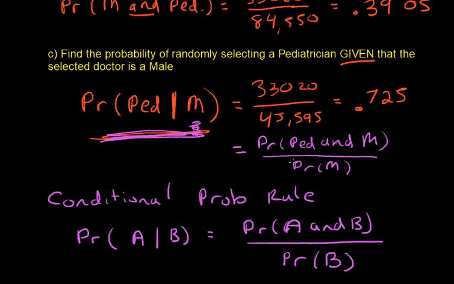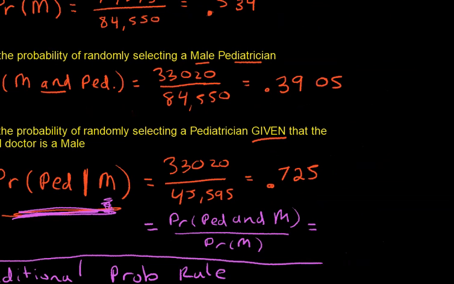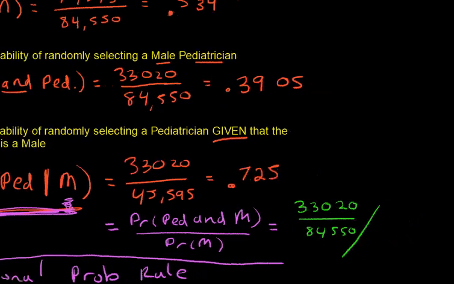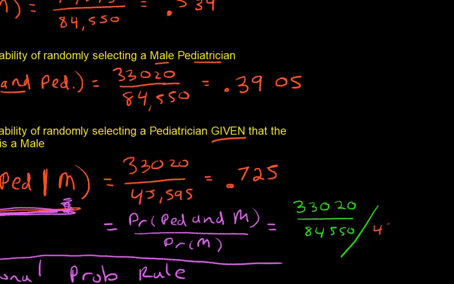Okay, the probability of being both a pediatrician and a male was the answer to part B, which was 33,020 divided by 84,550. Okay, divided by the probability of being a male, which was the answer to part A. Let's scroll over a little bit more. So that was 45,595 divided by 84,550.